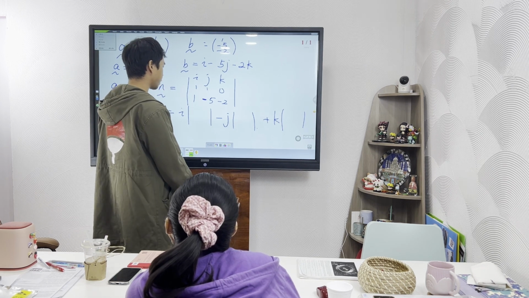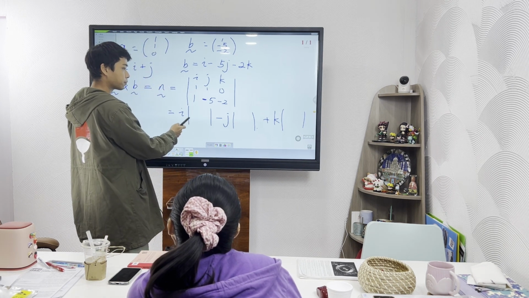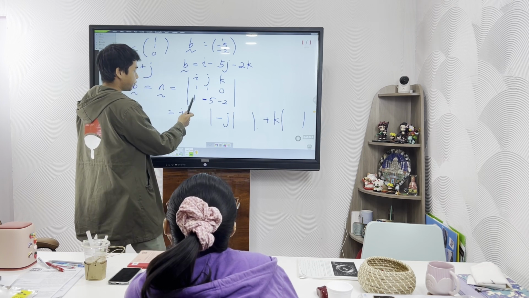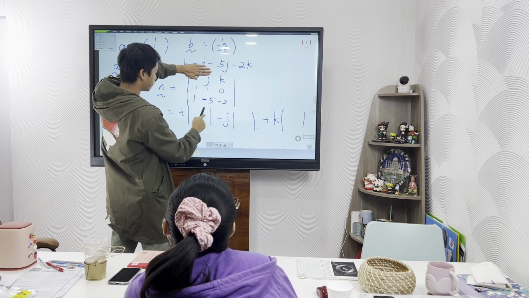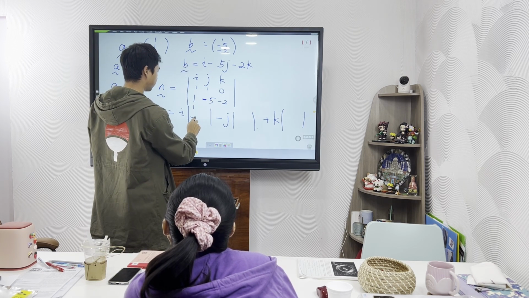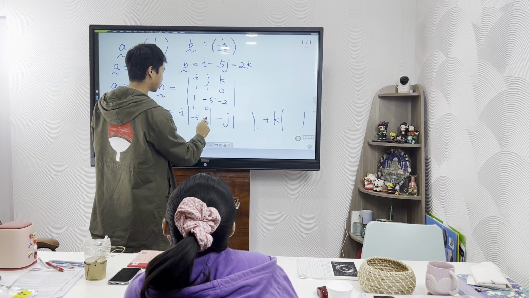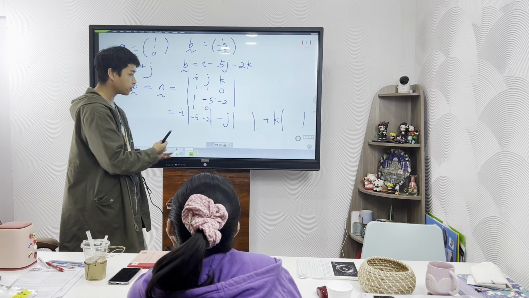How do we do this? If we cover the i column and row, we will have these 4 numbers left. So we have 1 times negative 2, minus 0 times negative 5. This is how we do it.